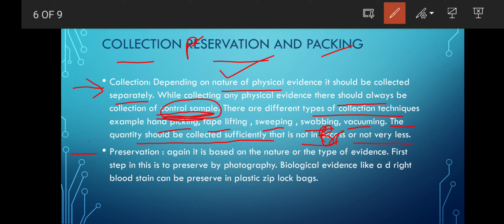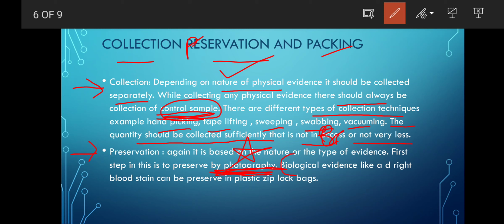Then next, moving on to the preservation part, that is again based on the nature or the type of evidence. The first step in this is to preserve by photography. This is very important, because before collecting any evidence, we should do photography. This is the first preservation method.